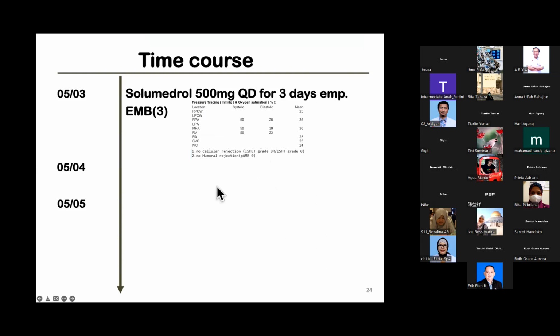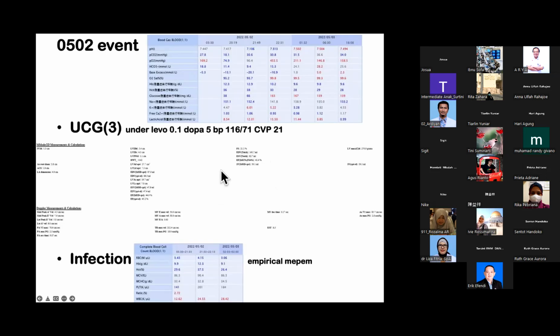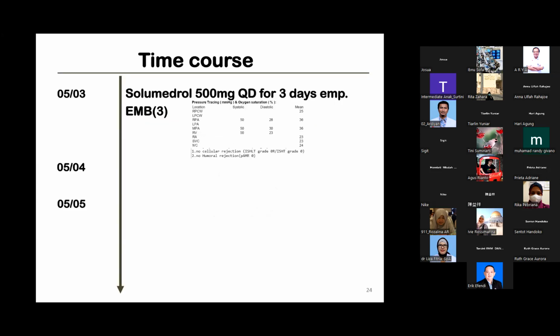At that time he dropped his LV function and became hemodynamically unstable. The blood pressure dropped. We may consider two things: one infection, one maybe rejection. So I gave the steroid immediately for 3 days and did the biopsy again.